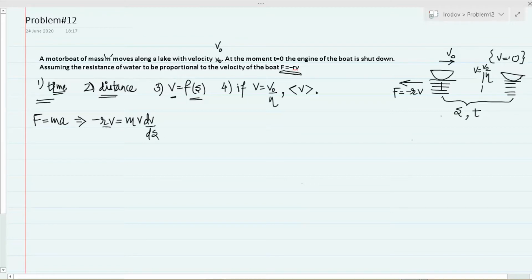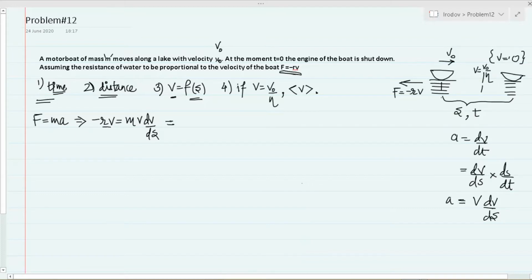In case you don't know how, I'll show it to you here. Acceleration can be written as dv by dt, which can also be written as dv by ds into ds by dt, and ds by dt can also be written as velocity. So we have acceleration equal to v dv by ds.